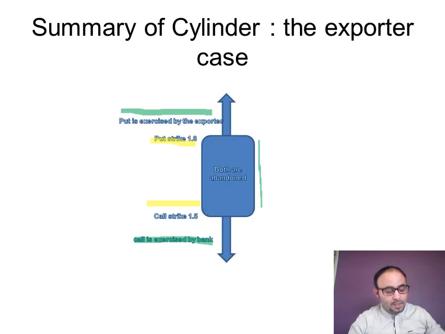This is a little shape of the cylinder option, and as we can notice here, there are two sides to the story. We have the put strike, which is 1.8, and the call strike, which is 1.5.